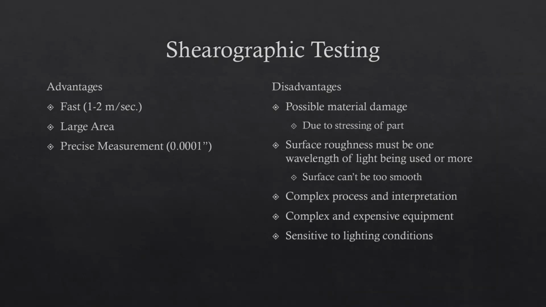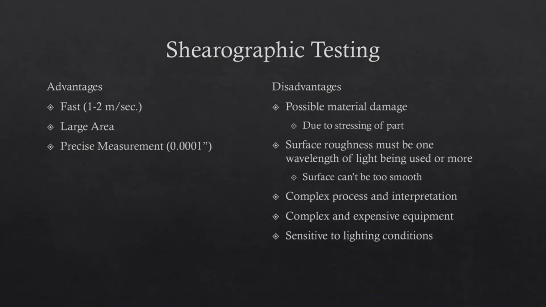There won't be enough phase shift taking place that you'll be able to image the object. So it doesn't work for super smooth surfaces. And we're talking about polishing down to the micron level here, right? Because these are micrometer waves, very, very small light waves.